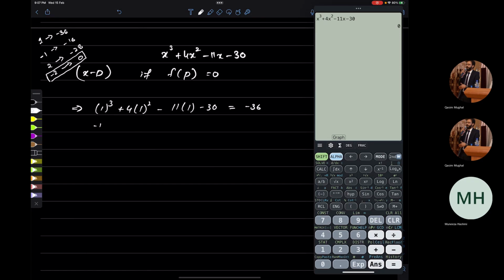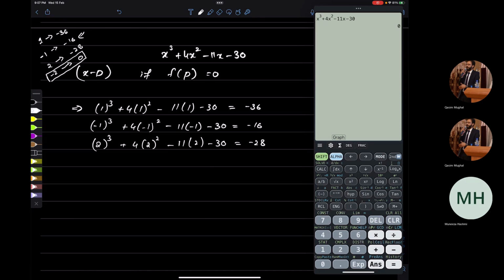Then I'm going to do negative 1 cubed plus 4 times negative 1 squared minus 11 times negative 1 minus 30, and I've already worked that out. That's minus 16. Now I'm going to do 2 cubed plus 4 times 2 squared minus 11 times 2 minus 30.